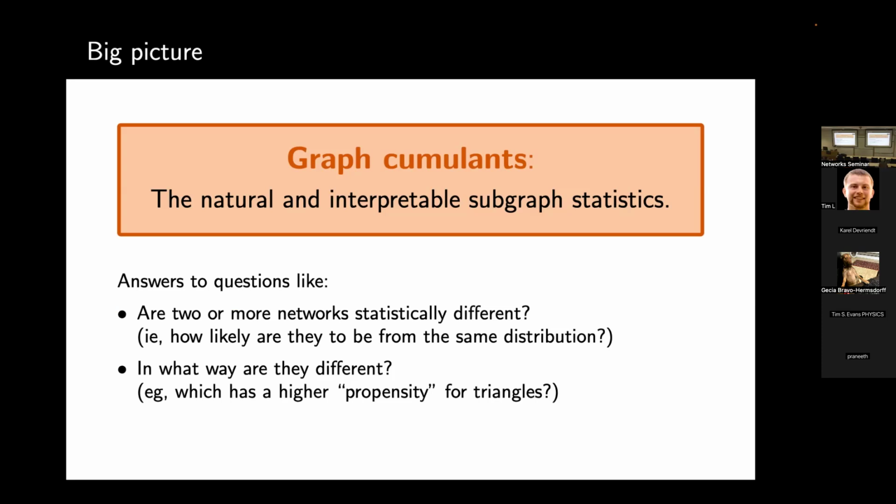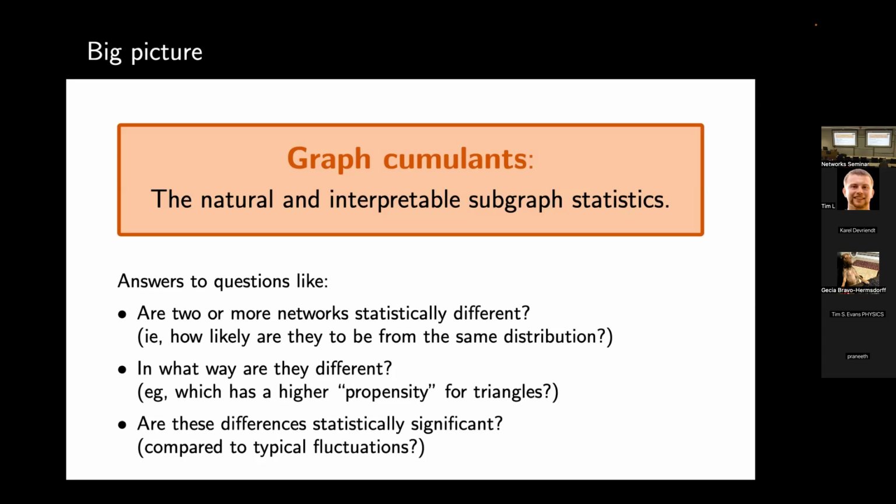For example, if you're interested in triangles in the network, you might look at the clustering coefficient, but then if you have a different substructure, how do you discount that? So it's a systematic way of obtaining that. And we can also compute analytically whether the differences are statistically significant with respect to a natural null model.